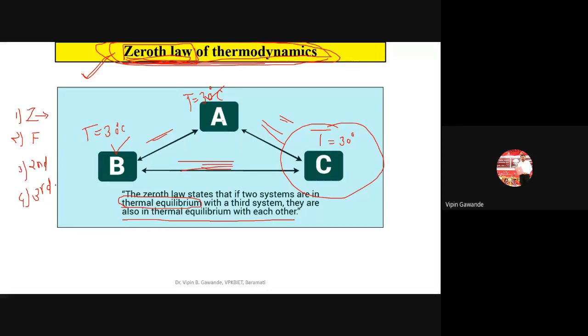Yes, very good. But why do we call this the zeroth law of thermodynamics? See, why is this law given as the zeroth law? Because initially the first law, second law, and third law of thermodynamics were stated first.